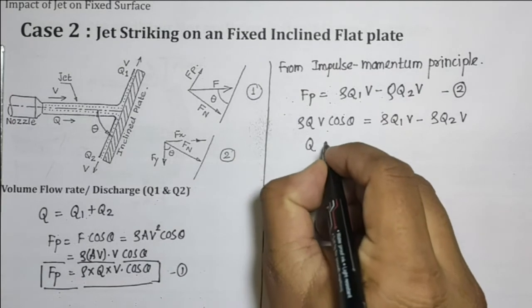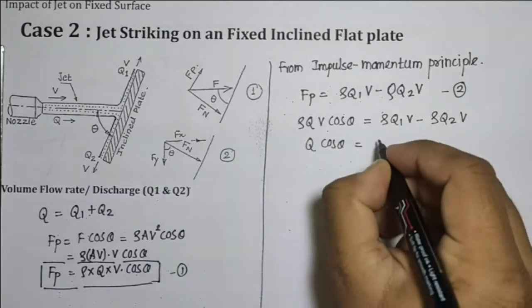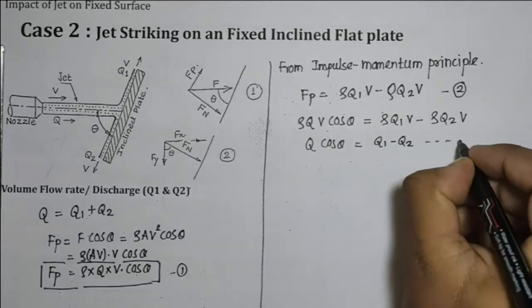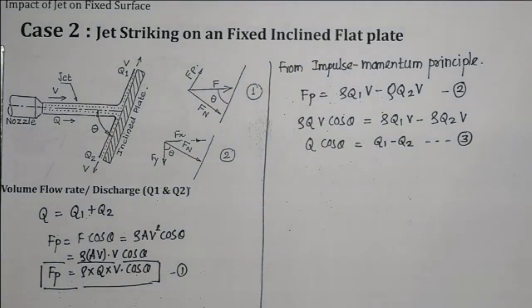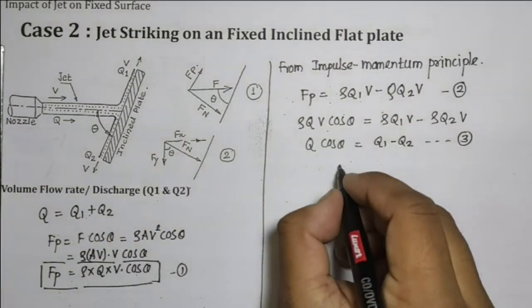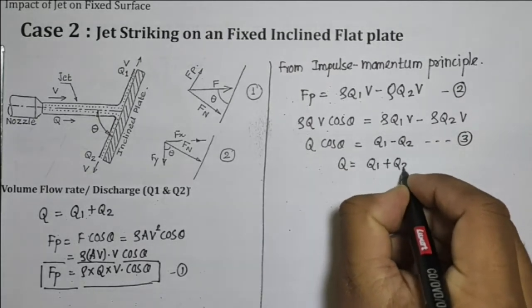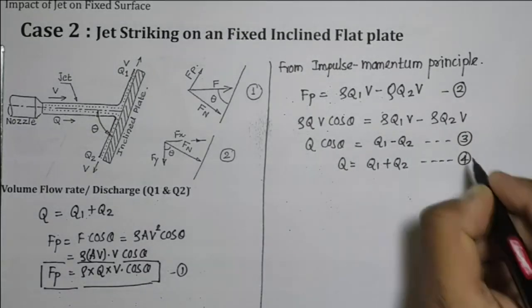We have Q cos theta is equal to Q1 minus Q2. This is your equation number 3. And from this we can write that equation here again, Q is equal to Q1 plus Q2. This will become equation number 4.